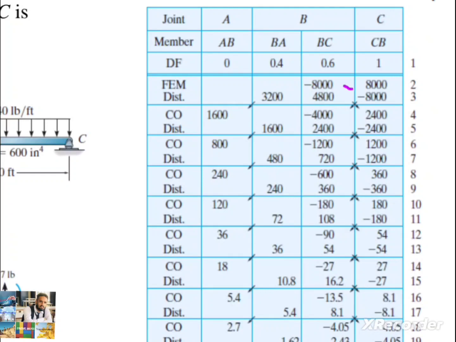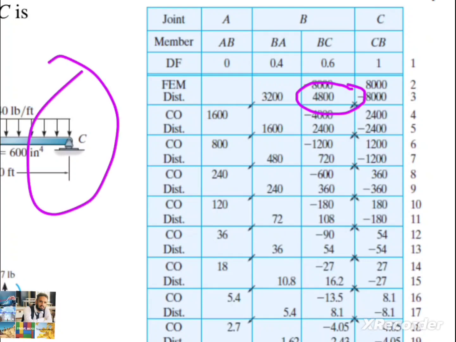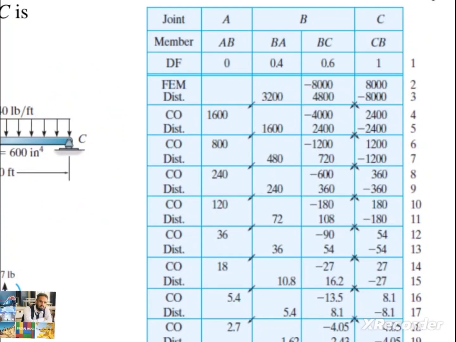Now for BC, see the moment at the BC span. From the BC span the moment shifts to the CB span by the 1/2 factor. So we multiply the moment 4800 by 1/2 and get 2400, which we carry over to the CB member at joint C. After distribution, we carry over the moment at each joint.